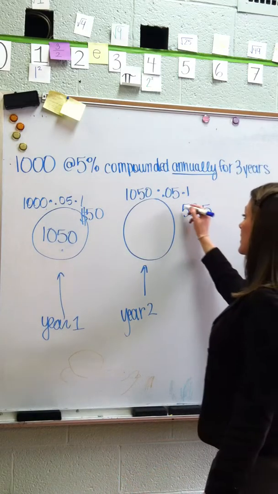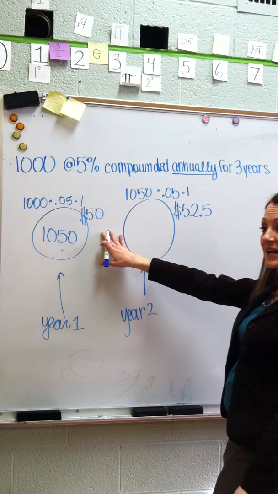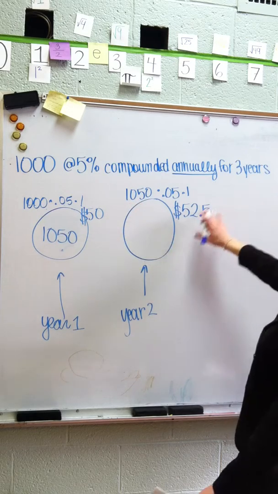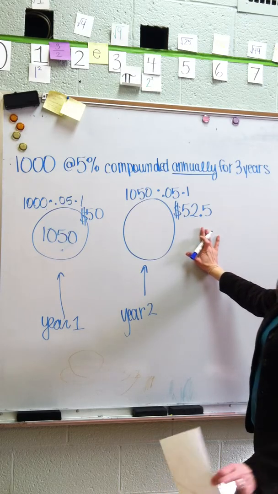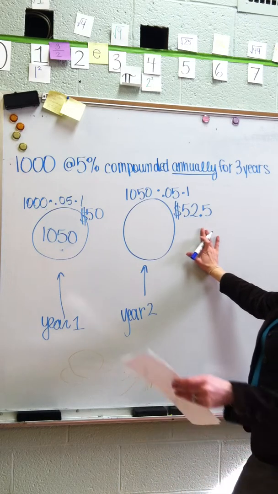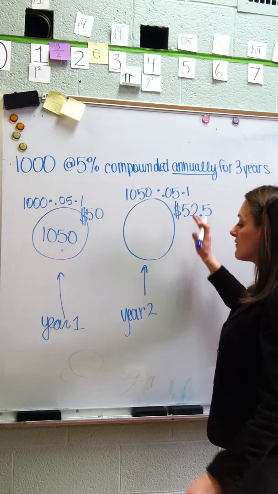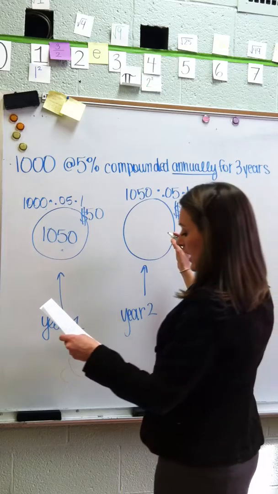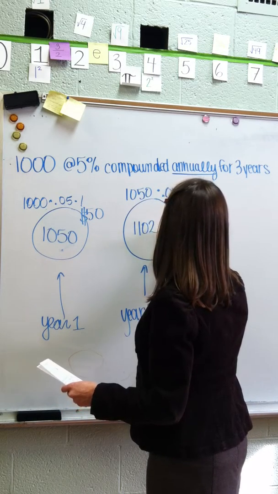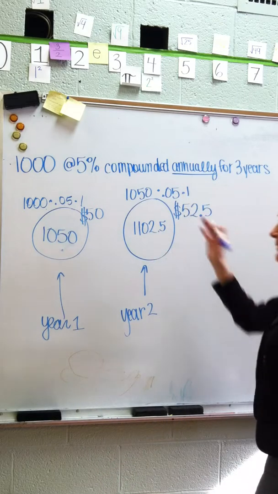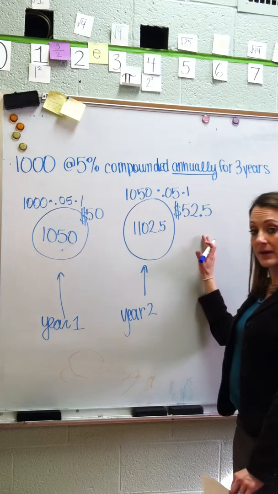The second year, the interest that I gained my first year is going to help me get more than $50, $2.50 more, but it's still $2.50 that I wouldn't have had if I had used simple interest. So at the end of year 2, I have $1,102.50. My snowball is a little bit bigger because my money has made money for me.